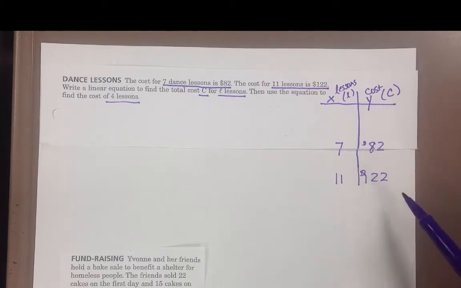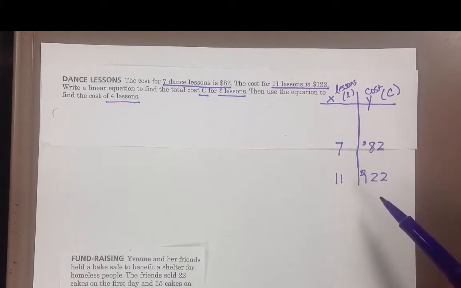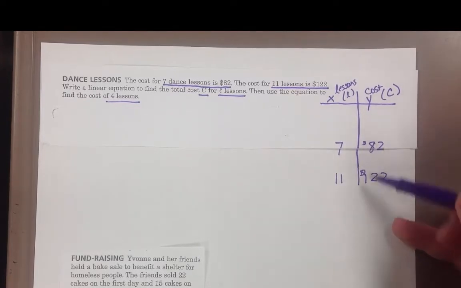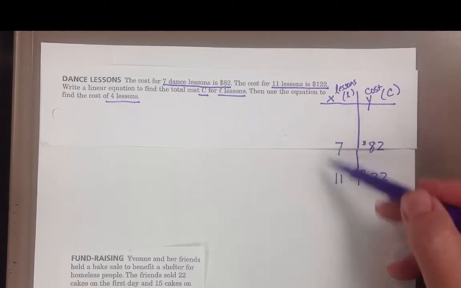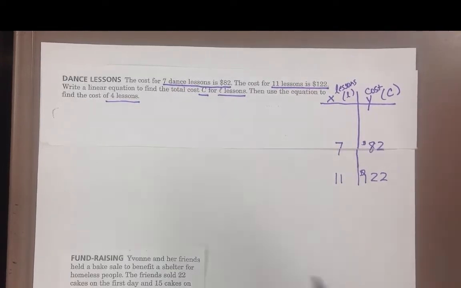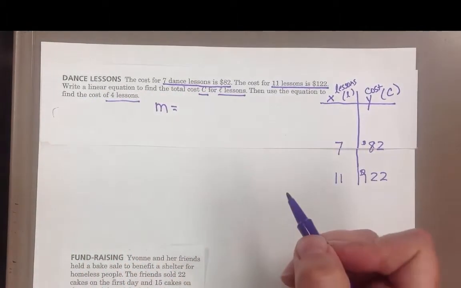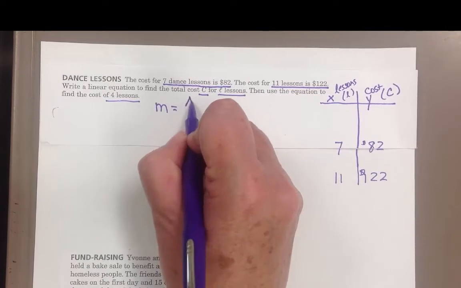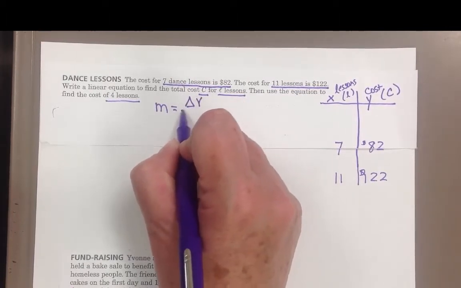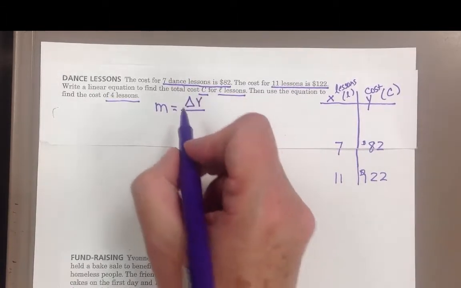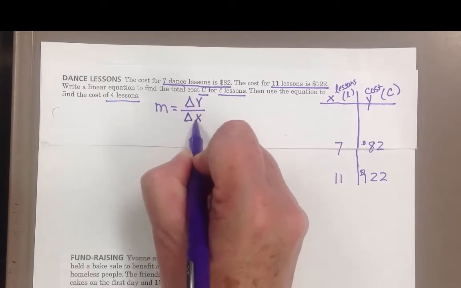Okay, so from that, what can I figure out? Well, this might be a really good time for me to just think about slope. How are my y's changing in relationship to my x? So hopefully you remember that slope is m for its abbreviation, and it's the change in my y values, that's delta y or change in y, over the change in my x.